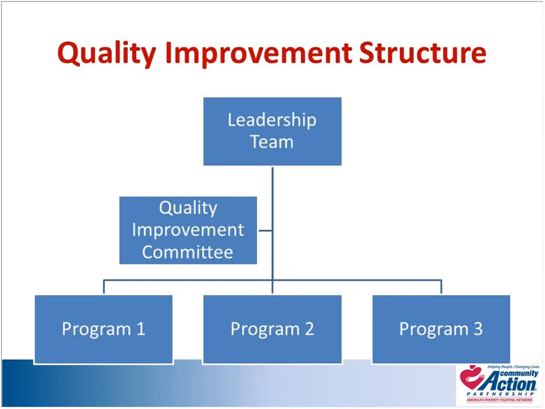And ideally, your staff at the program level is on a regular basis talking about their customer service results, what the feedback from the customer says, looking for ways to improve the quality of those programs and services, and doing that as part of their regular approach to managing their programs. At that middle level, what you see is the Quality Improvement Committee.